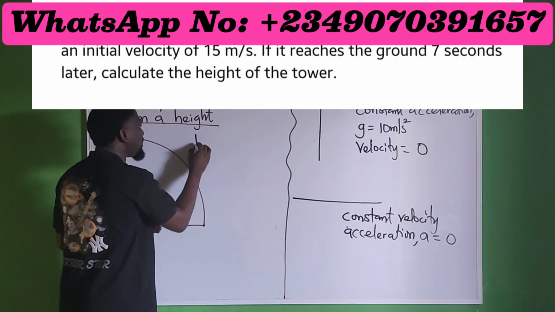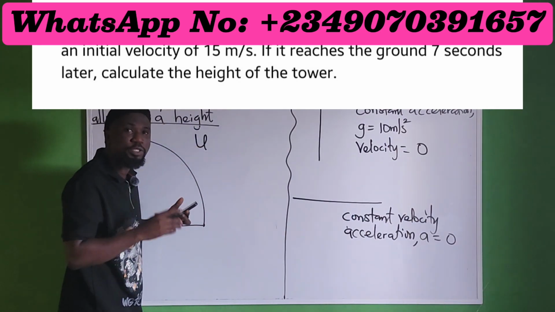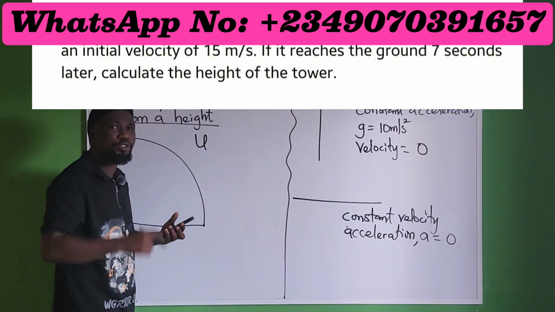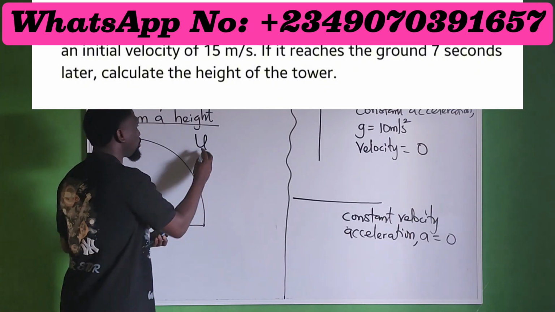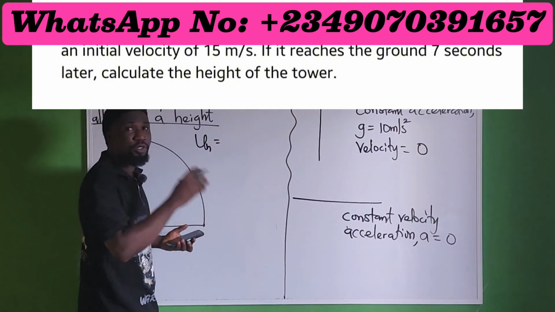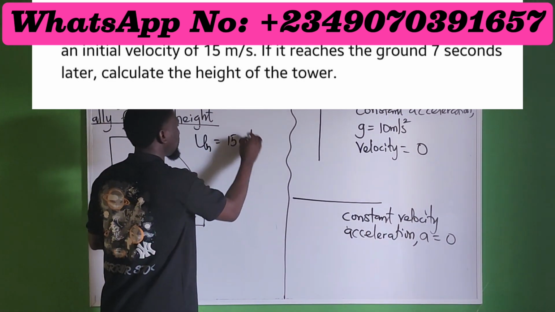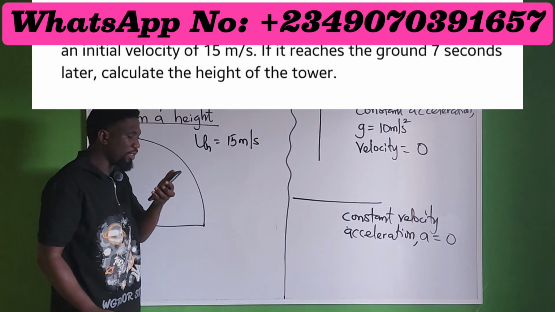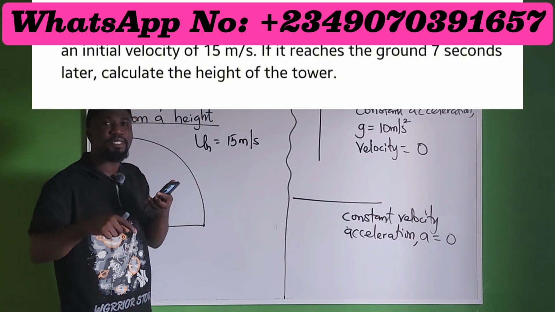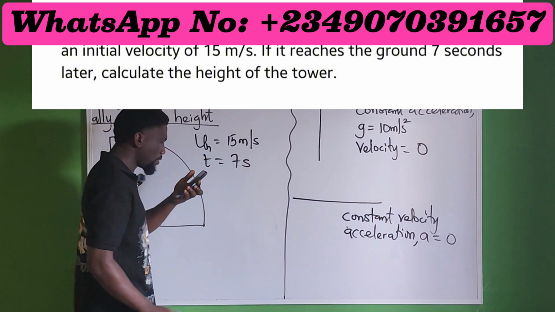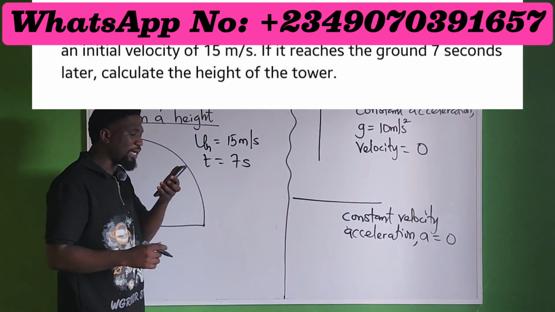That velocity is for the horizontal motion, because the object was projected horizontally. If it reaches the ground 7 seconds later, time is 7 seconds. Calculate the height of the tower.